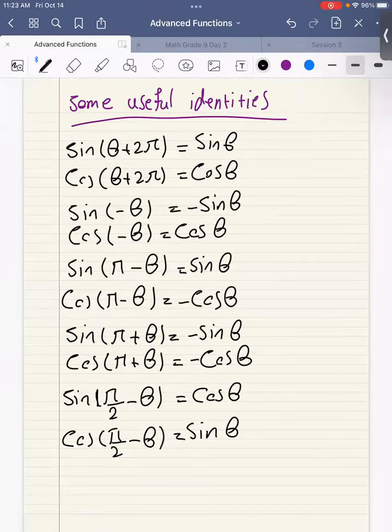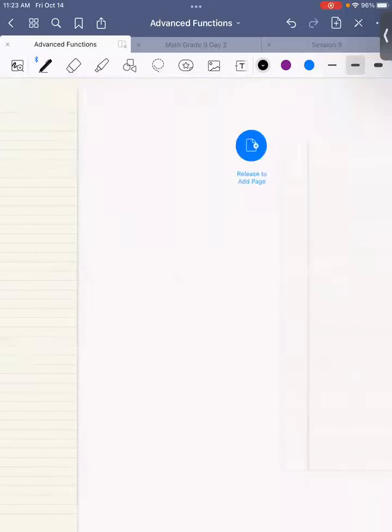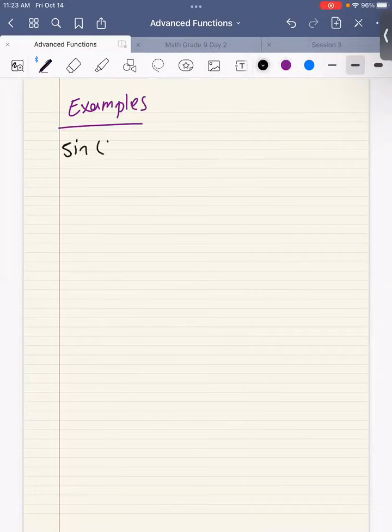Okay, guys. So just a few examples. For example, if you want to find sine of 3 pi over 4, what is sine of 3 pi over 4? 3 pi over 4 is nothing but pi minus pi over 4, right?